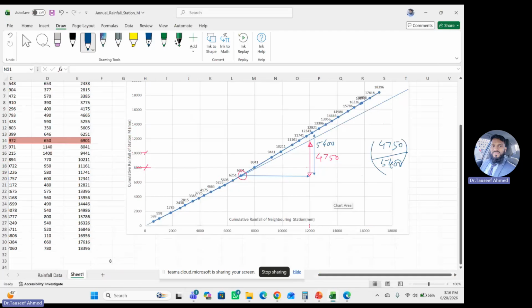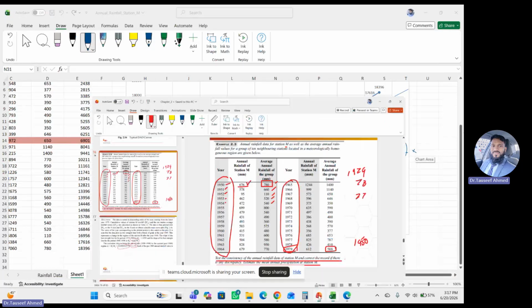So you will get one factor, a ratio, the correction factor. And here it is 4,750 divided by 5,400. This is equal to how much? We are getting 0.87. Okay. Now, if you will see, delta x will be cancelled.